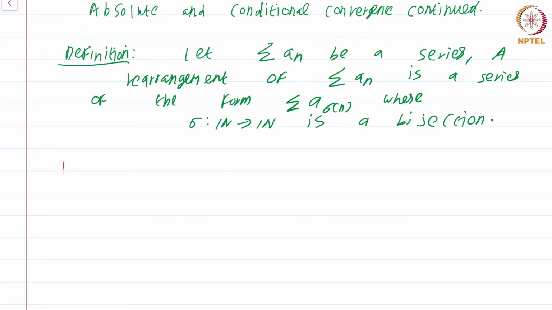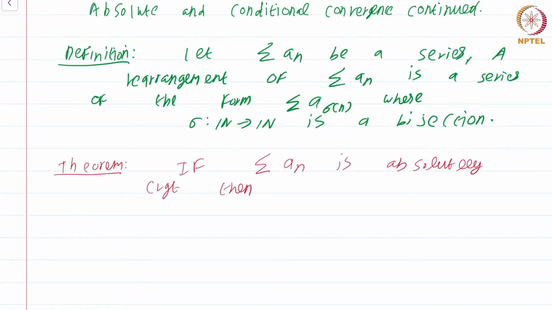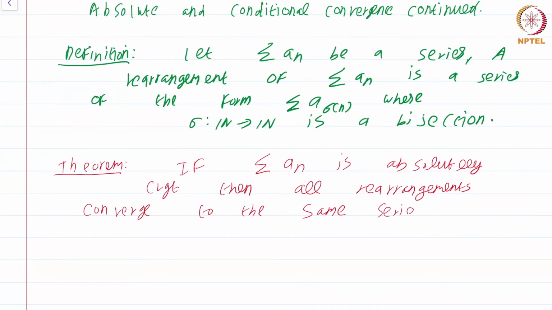More precisely, the theorem: if summation a_n is absolutely convergent, then all rearrangements converge to the same limit. So when you rearrange a series that is absolutely convergent, you cannot get a different limit.